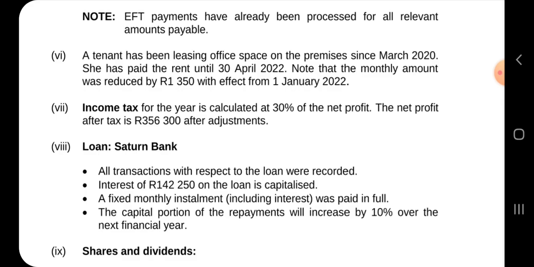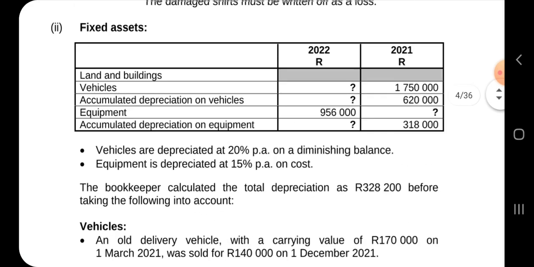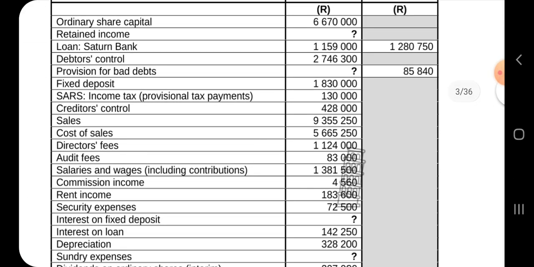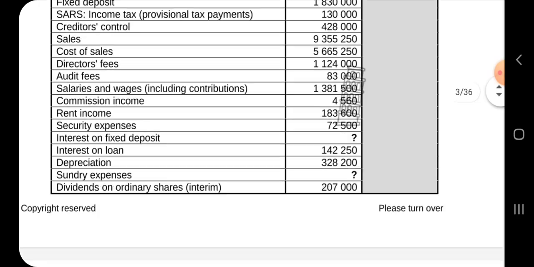So she has paid March for next year and April, which means there are 2 months in advance, which needs to be subtracted from the 183,600 that appears here. So write that amount down, 183,600.